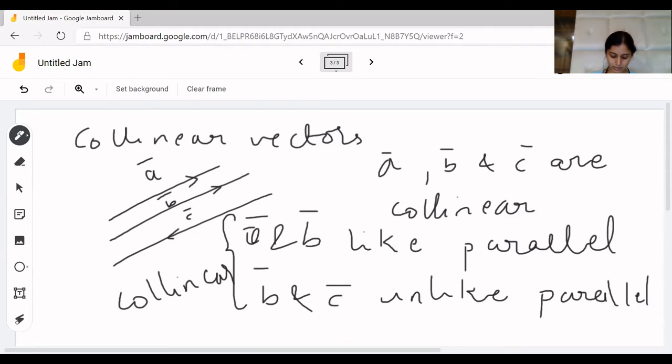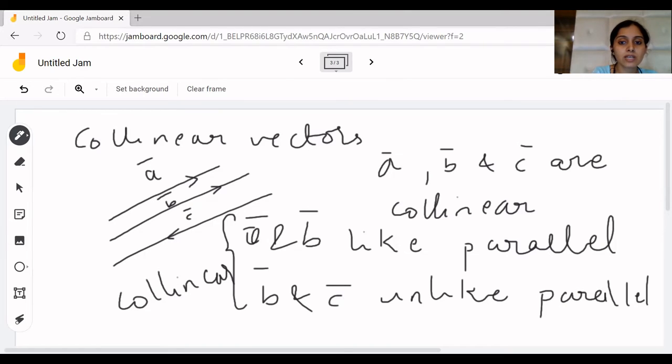For example, if a force is acting on a body, then in that direction only we can change its position, so it is a localized vector. A free vector can be changed in any direction. Co-initial vectors are vectors having the same initial point, and co-terminus vectors are vectors having the same terminal point.